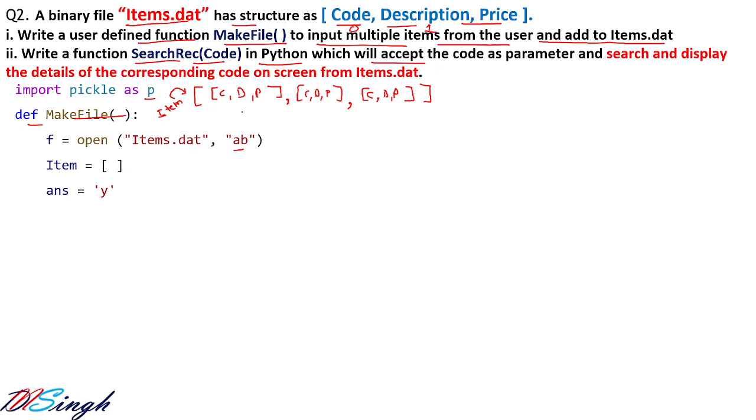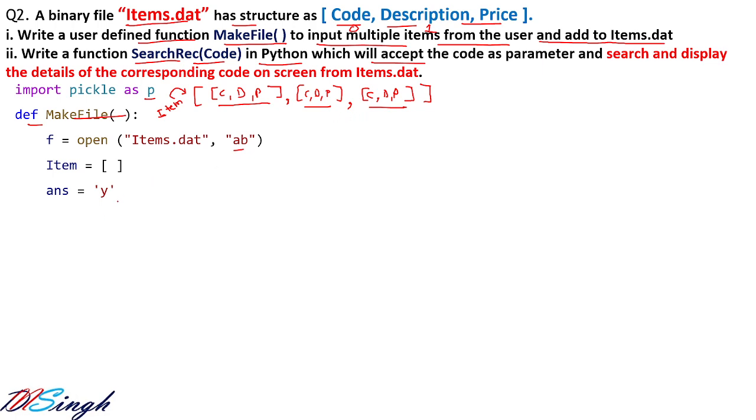Now our job is to create this. So how are we going to create it? We have taken a variable answer with the value y for repetition of some code. It will repeat until, since we don't know how many records you want to enter, we will ask the user itself.